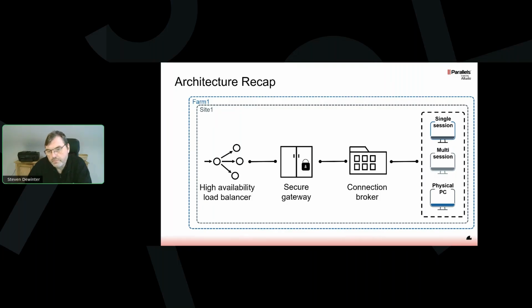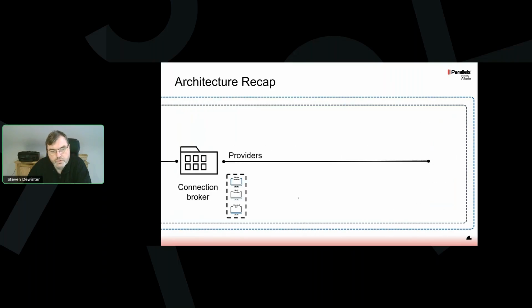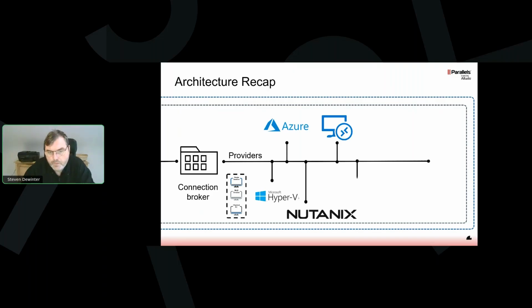Something important that Parallels also does is it has integration points into underlying hypervisors or cloud platforms. We call these providers. At the current time of this webinar, we have 7 providers. These are for on-premise: Hyper-V, VMware, Nutanix, and Scale Computing.